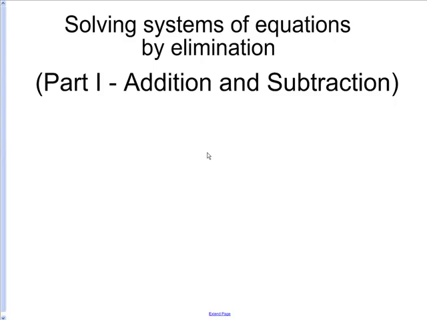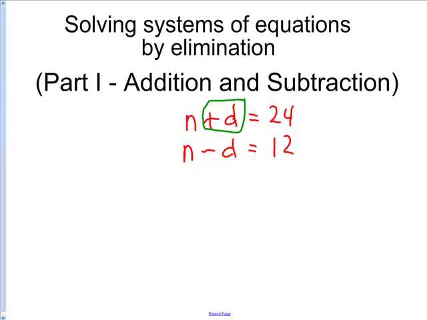If I have, let's say, two very simple equations, n plus d equals 24, and n minus d equals 12, I see right here that I have positive d and negative d.